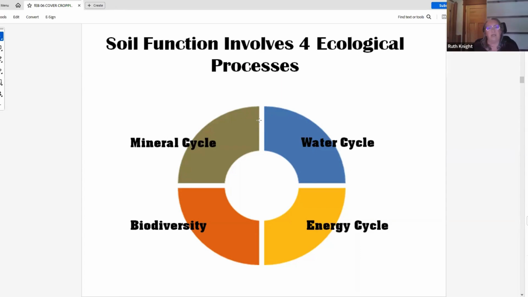In terms of the four ecological processes, cover crops interact in and have an impact in likely improving many of these soil functions. It's up to us, in terms of how we've been monitoring and gathering our in-field data, to determine which function may be most limiting.